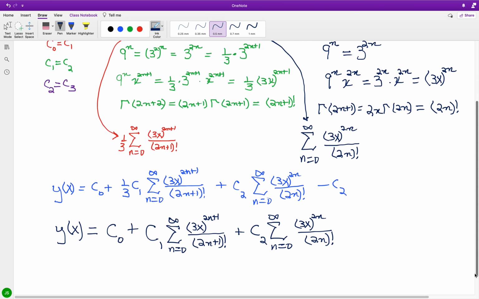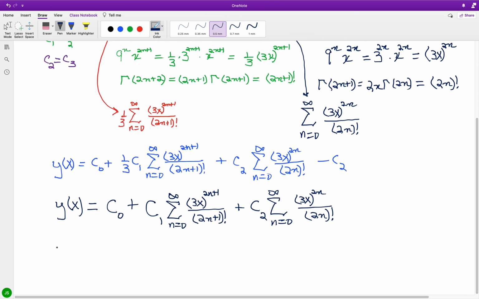So this is our summation solution, and translating what we have and putting it in the context of our function, we have a constant c1, and for 3x raised to the 2n plus 1 degree over 2n plus 1 factorial, this will be what we have in the case of the hyperbolic sine of 3x.